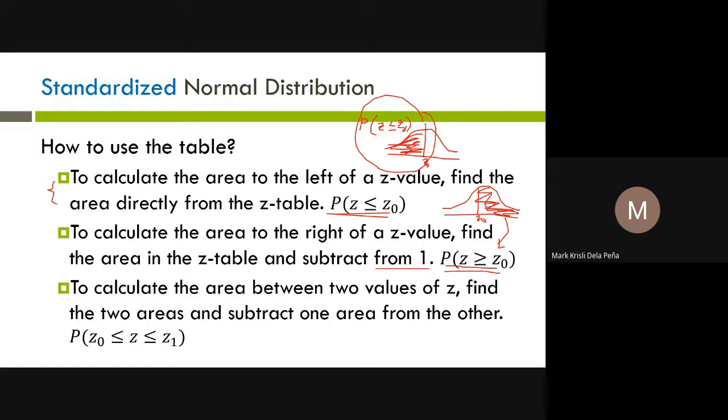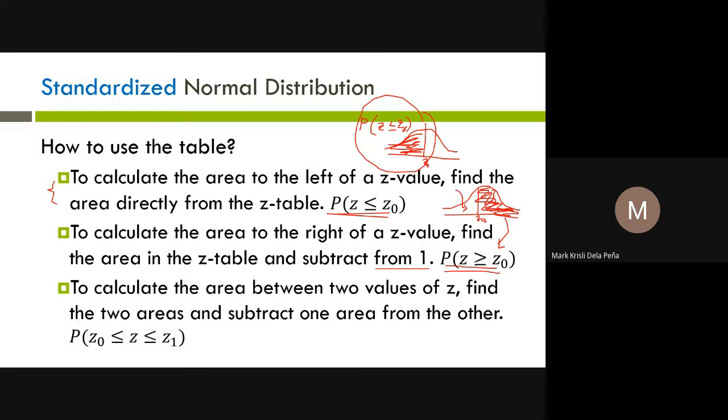So to get the area to the right of a z value, we'll have to subtract that area from 1. What does it mean? We'll get the area here first and subtract it from 1.